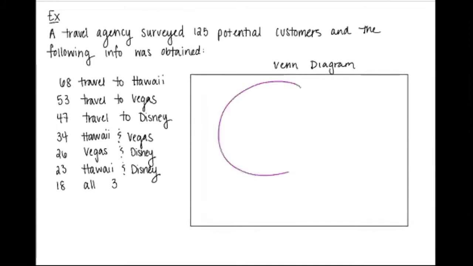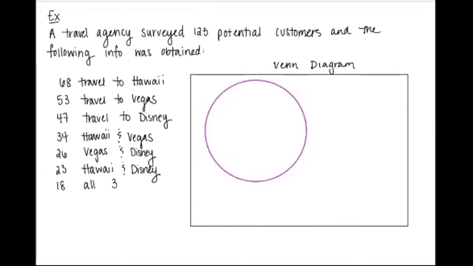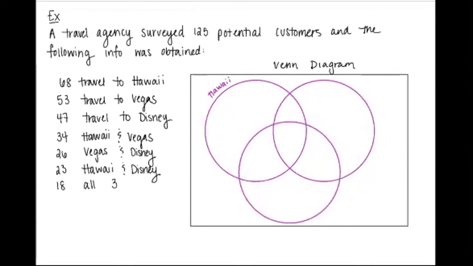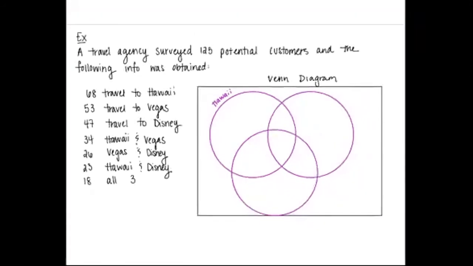So I've got 3 circles. I need to have a Hawaii circle. I need to have a Vegas circle. And then I need to have a Disney circle, which I could shrink a little bit.